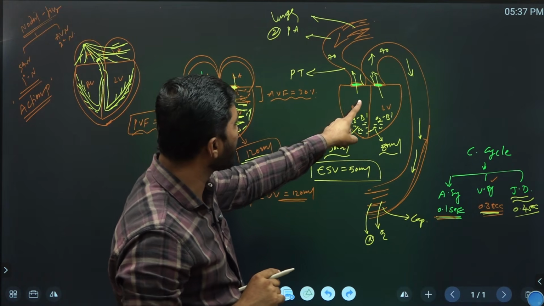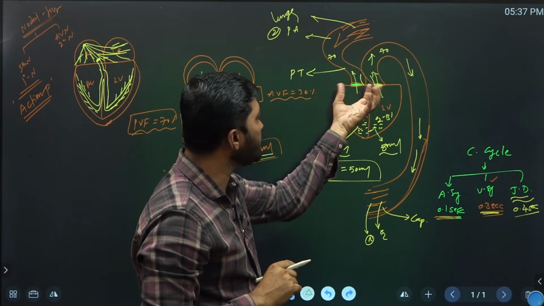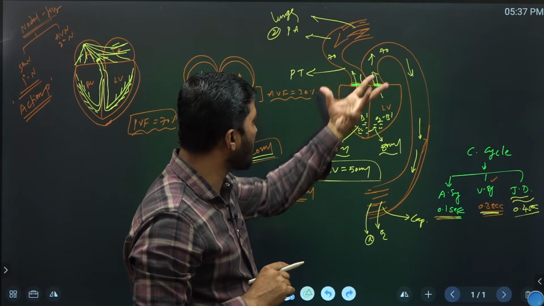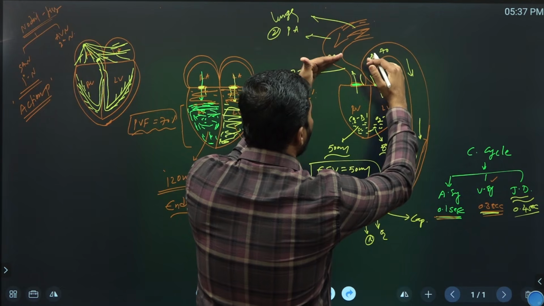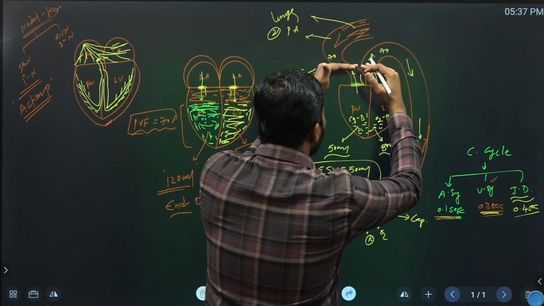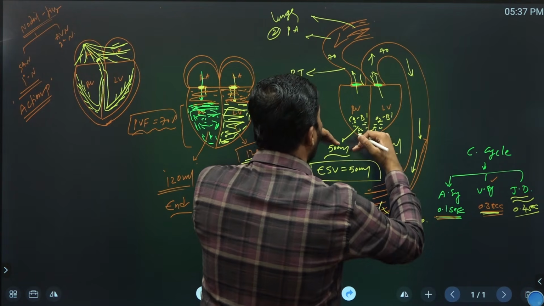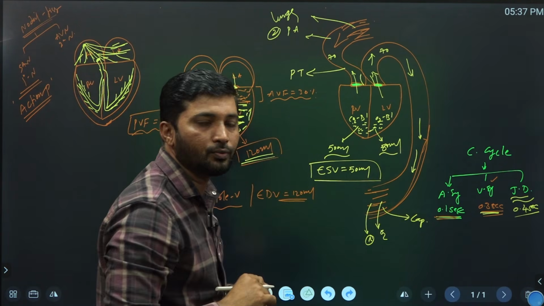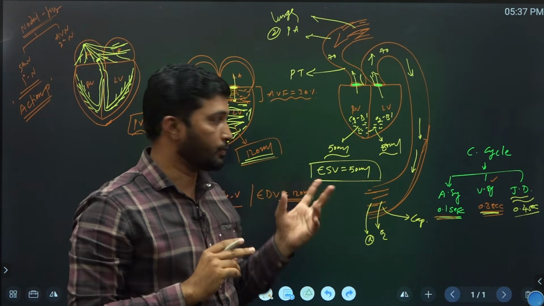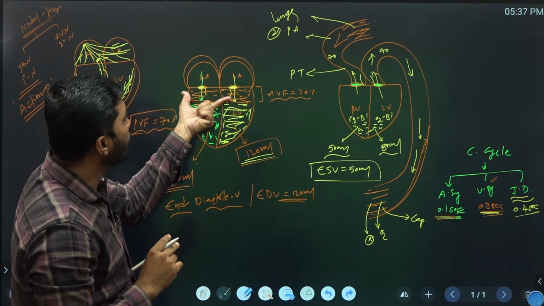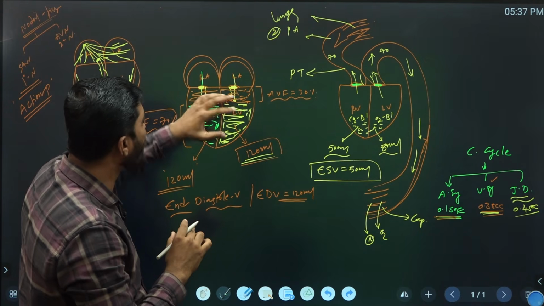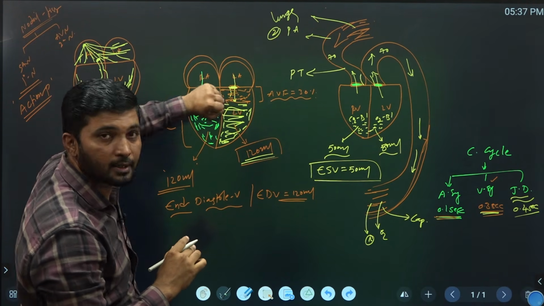Whereas the secondary sound is produced during the diastole events. What happens? The semilunar valves close, and due to closing of the semilunar valves, the heart produces the secondary sound, called dub. So lub is the primary sound due to closing of the AV valves during the beginning of the ventricle systole.